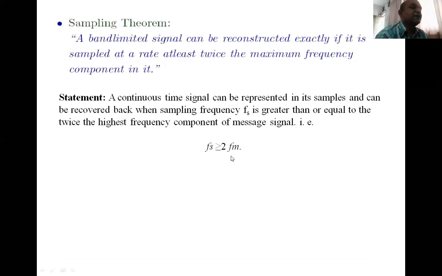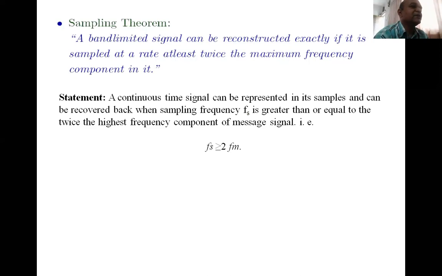Yesterday we went through this basic theorem. This theorem states that a continuous time signal can be represented in its samples and can be recovered back when sampling frequency fs is greater than or equal to twice the highest frequency component of the message signal.